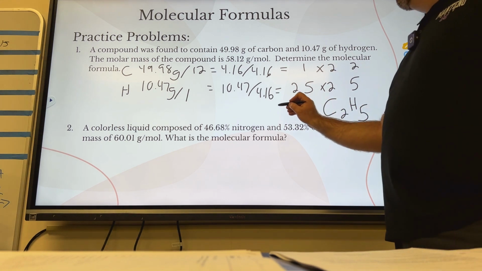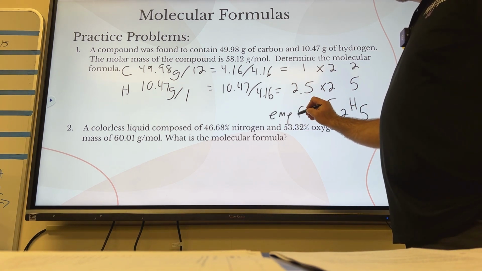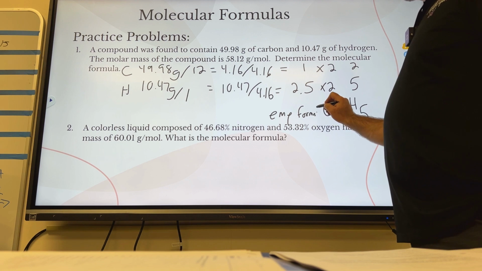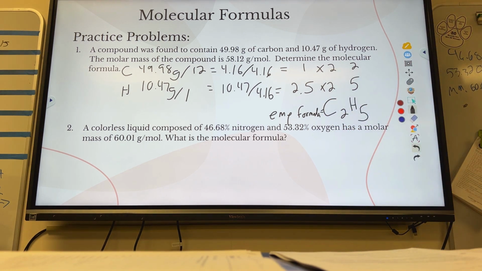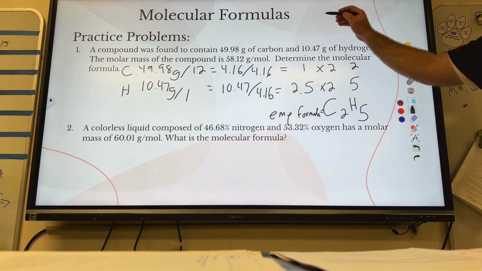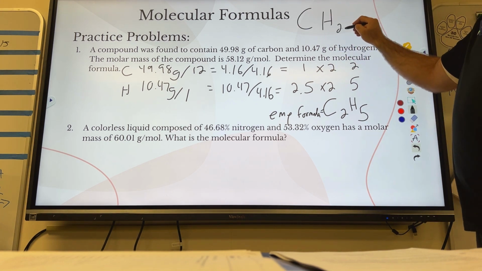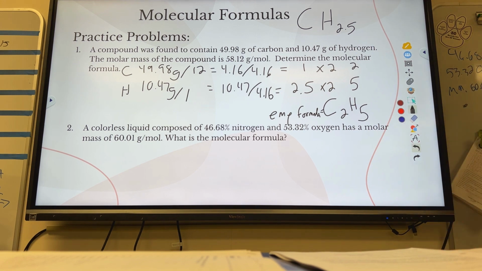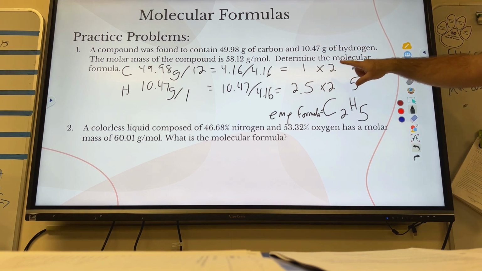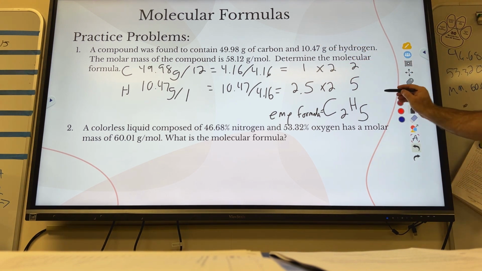So are we done? Because you can't have CH2.5. That can't be a thing. You get a whole number. So you have to multiply this times 2 to get it to a whole number, C2H5.